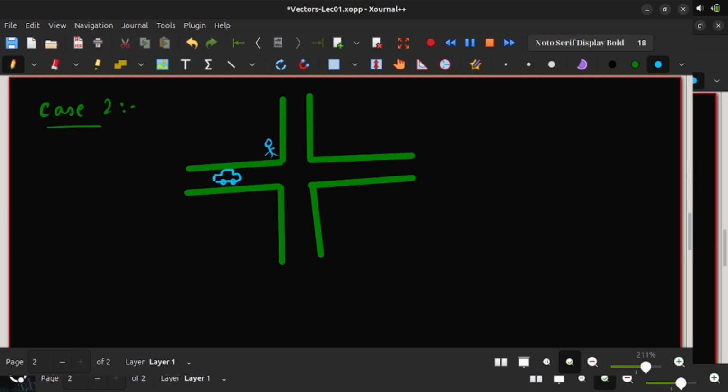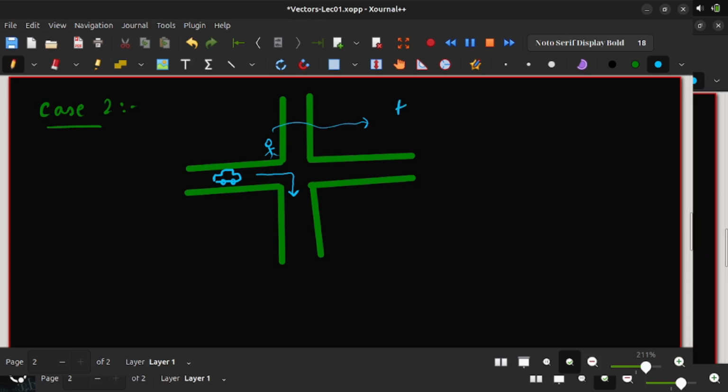But then you also have one more piece of information: in which direction will he take the turn? Will he go left or right, or maybe straight forward? And let's say for some reason he takes this turn. So now you have two pieces of information.